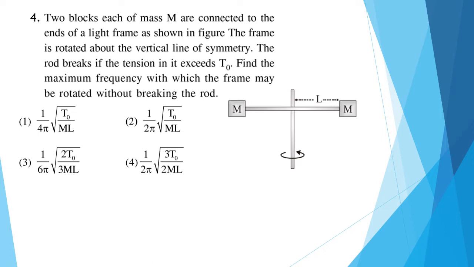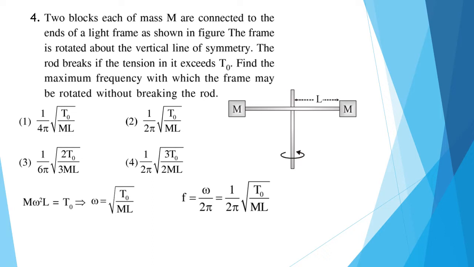Question 4. Two blocks each of mass m are connected to the end of a light frame as shown in the figure. The frame is rotated about the vertical line of symmetry. The rod breaks if the tension in it exceeds T0. Find the maximum frequency with which the frame may be rotated without breaking the rod. In this case, m omega square L will be equal to T0, which is the breaking point, the maximum tension.